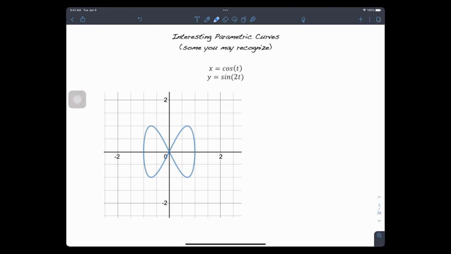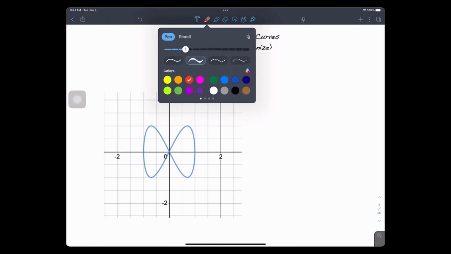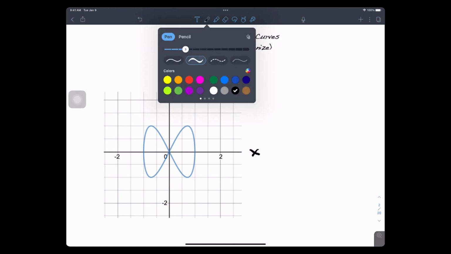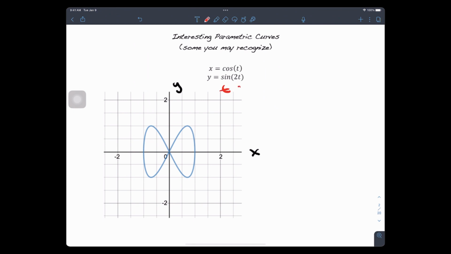This curve, the points in your xy plane for this curve, is given that the x coordinate is represented by cosine of t, the y is sine of 2t, but then you say, Mr. Judge, where's your orientation? I'm sorry, where's your t interval? Well, this example, if it's not listed, that means t is any real number.